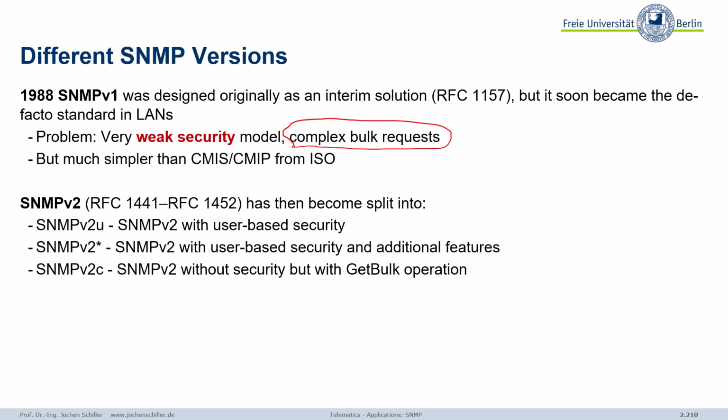But maybe what is needed is give everything, and I just want to send a single command. This has been solved in SNMP version 2. That's also the SNMP version typically supported by most devices. And there are some enhancements, especially around security and around this bulk operation.